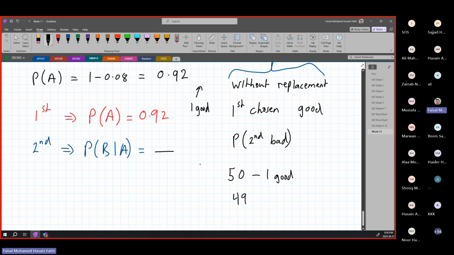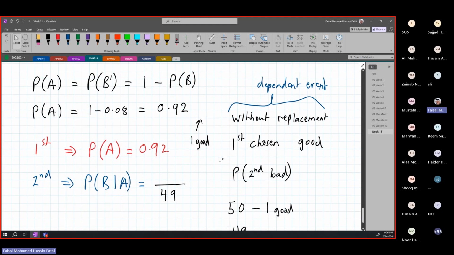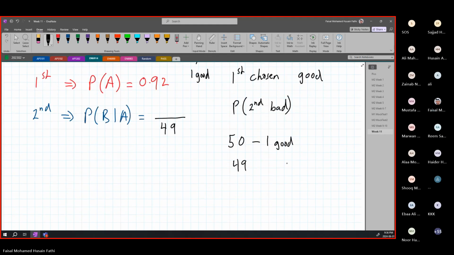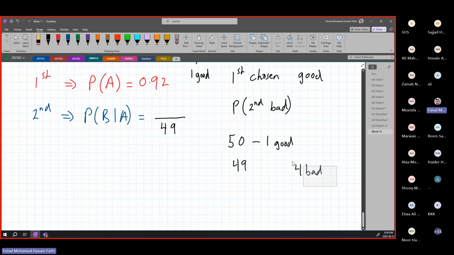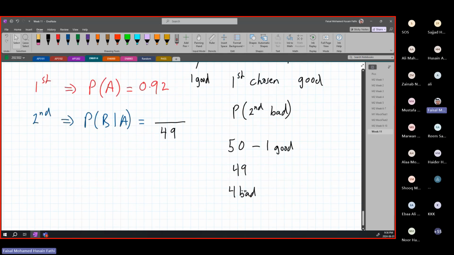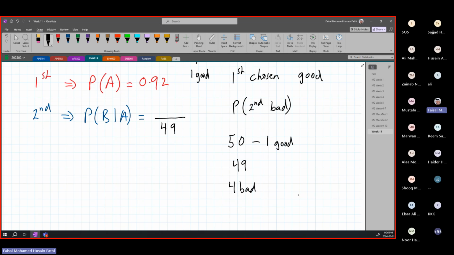This is our new number. And we have 4 bad components, since we didn't remove any of the bad components, we only removed the good component. So we still have 4 bad components inside. So this is going to be 4 over 49. And this is the probability of the second.